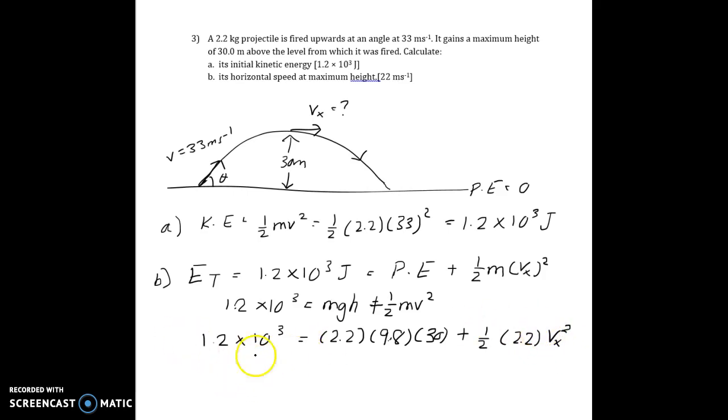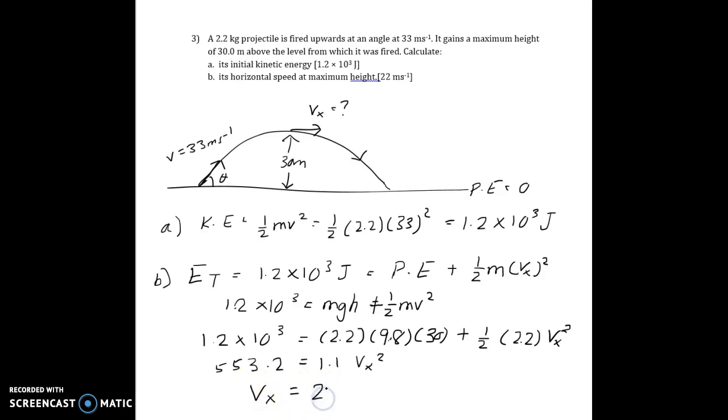If I want to simplify it, if you take this potential energy and bring it to the left hand side, you will have a value of about 553.2. Try it yourself. And this will equal 1.1 Vx squared. So you have to find the Vx value.